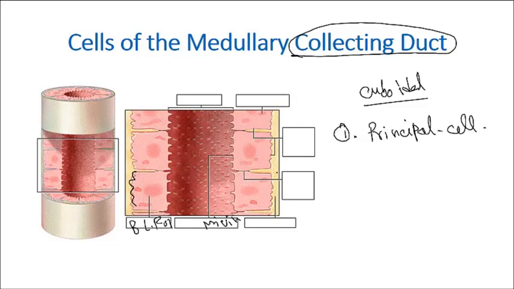These specialized cells respond to certain hormones that regulate the cell's permeability to water and solutes. The key feature of the principal cell is that its permeability to water and solute is completely physiologically regulated by hormones.